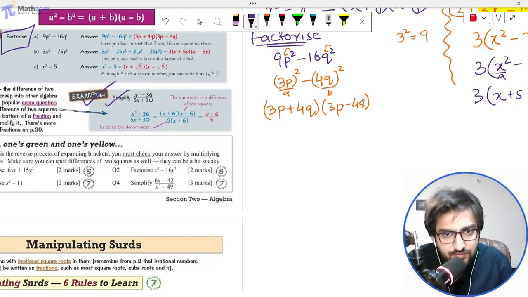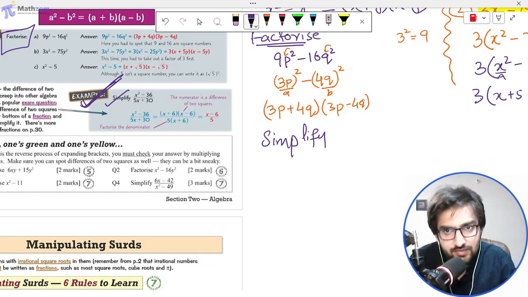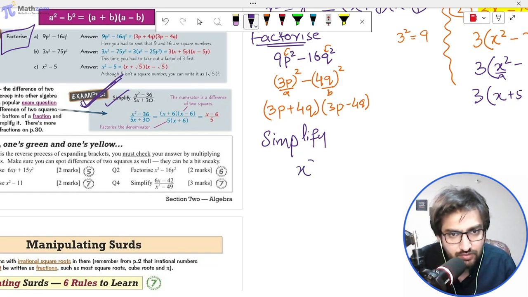The question is simplify this question I'm solving: x square minus 36 divided by 5x plus 30.